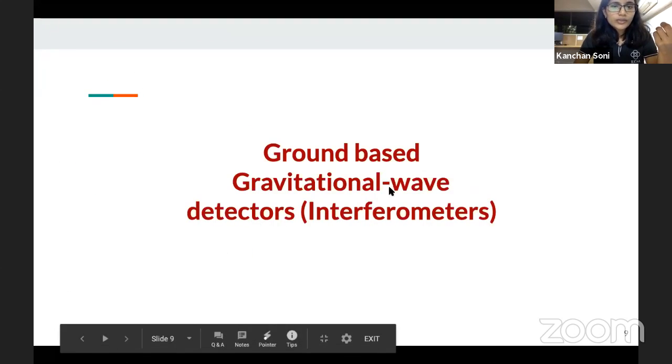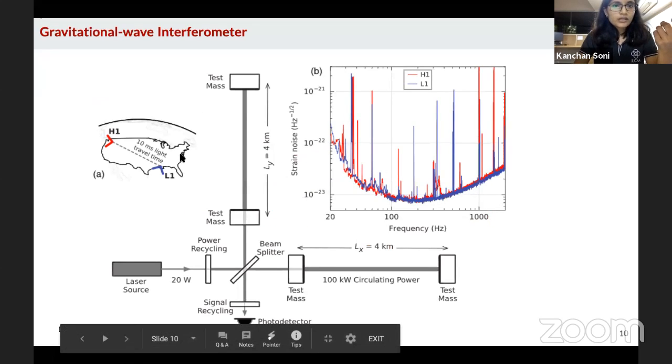Now, what are the ground-based detectors we use for detecting these kinds of sources? We use a gravitational wave interferometer system, which you can see from this cartoon. We have a laser source and a beam splitter which splits the laser light into two directions, with one cavity on the top side and the second cavity on the right-hand side.